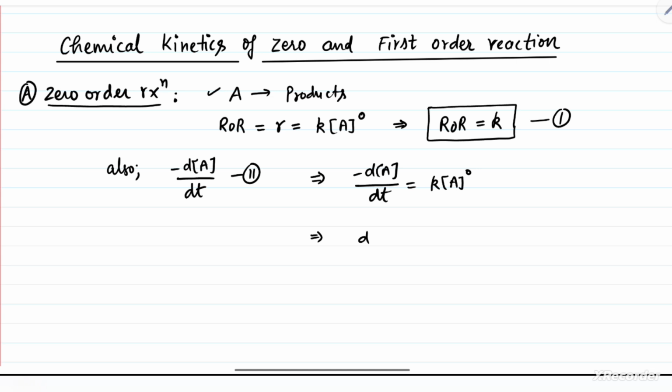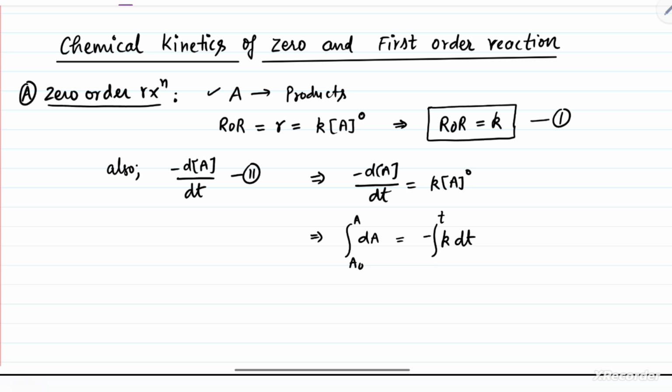dA with limits A naught and A, and this dt comes to this side, so it becomes minus k dt, and we integrate it with respect to 0 and t. Why? Because when time is 0, the reaction has not started yet.